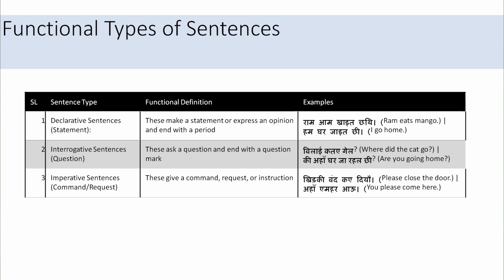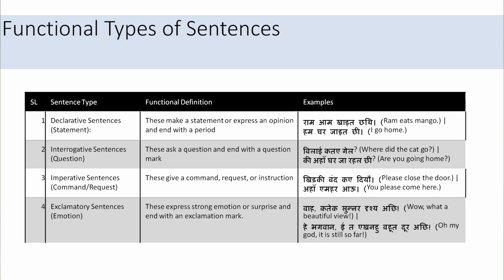Then the last one is the exclamatory sentence, which expresses strong emotion or surprise and ends with an exclamation mark. For example, when you go somewhere and you are awestruck with a view, you can say "Wah katek sundar drisya aich", which means, wow, what a beautiful view.